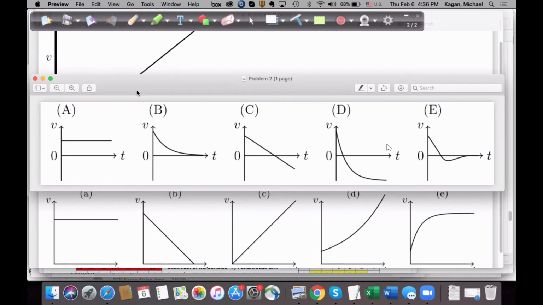Which one? B. So you throw the object up and then it approaches zero velocity. Does it freeze in the air?